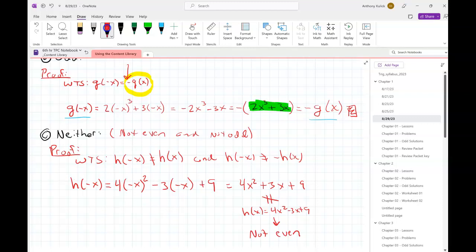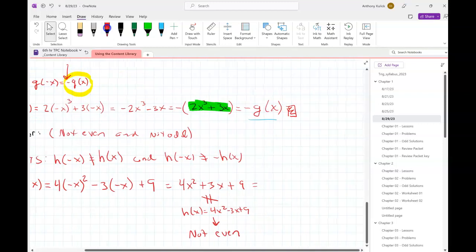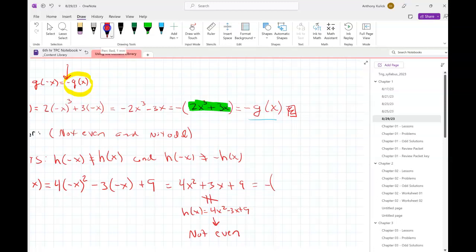Now, what I'm going to do is factor a negative sign off. So when I do that, positive 4x squared becomes negative 4x squared. Positive 3x becomes negative 3x. And positive 9 becomes negative 9.